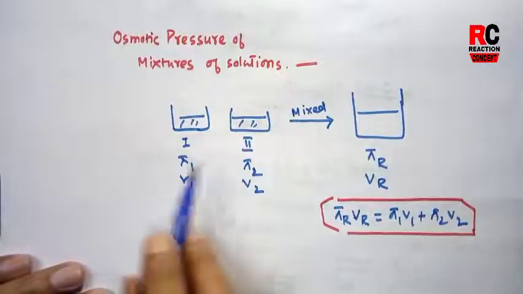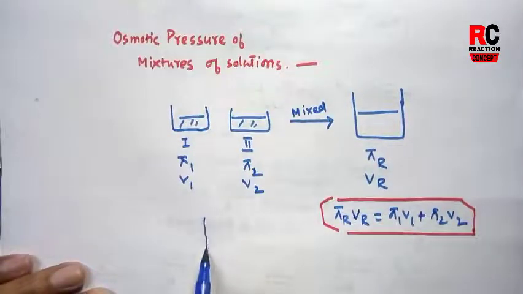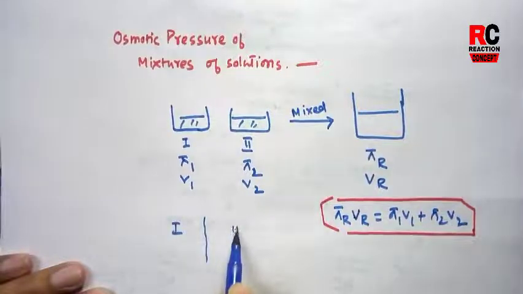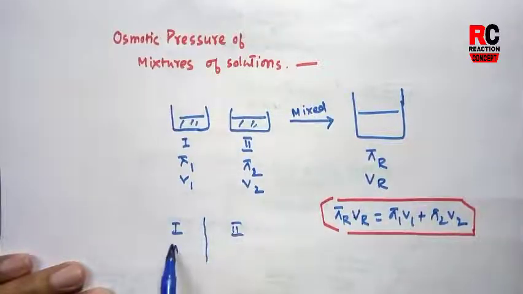But when we separate these two solutions by a semi-permeable membrane, suppose here solution 1 and solution 2 are there, pi 1 and pi 2.